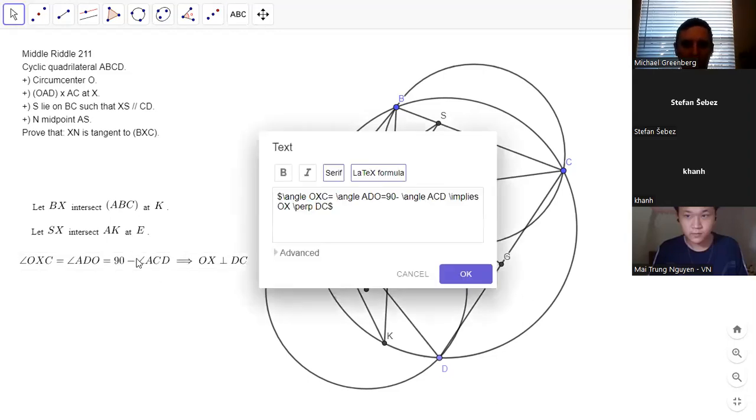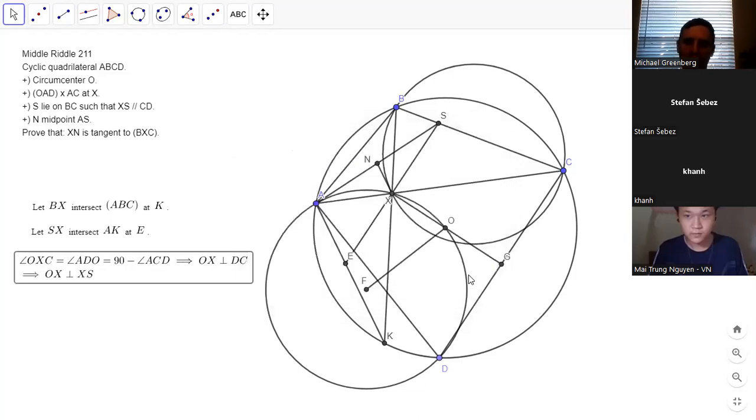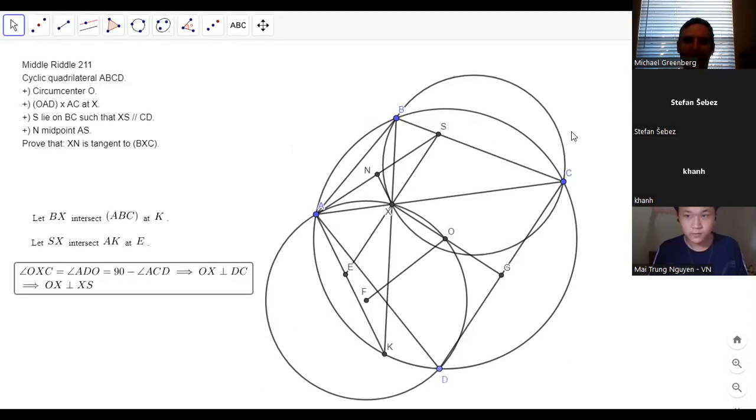So this means that OX is perpendicular to XS. And then by the butterfly theorem, XE equals XS. Yeah, 10 minutes was definitely worth it.